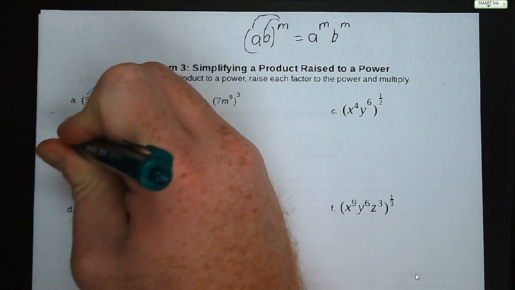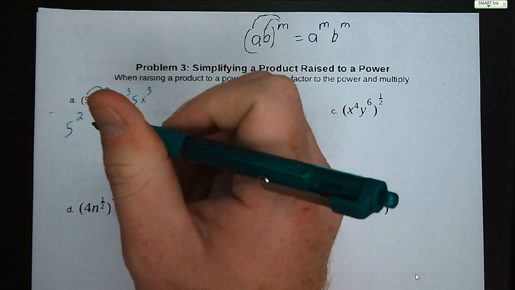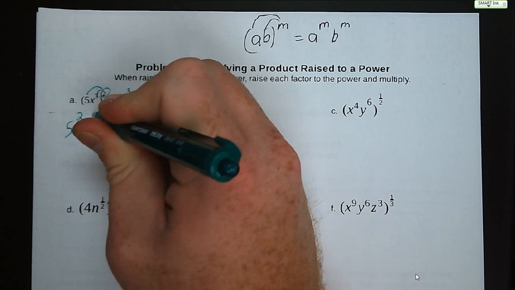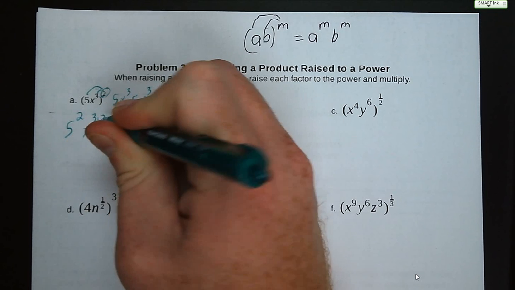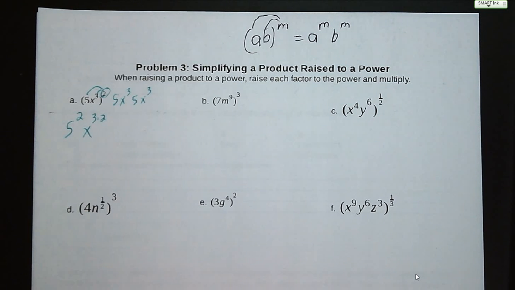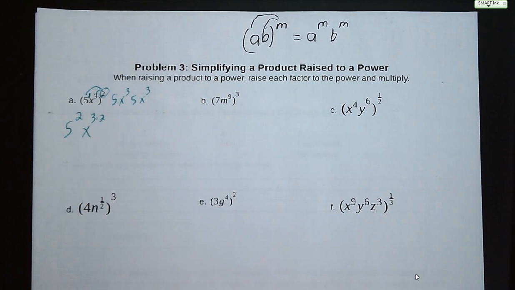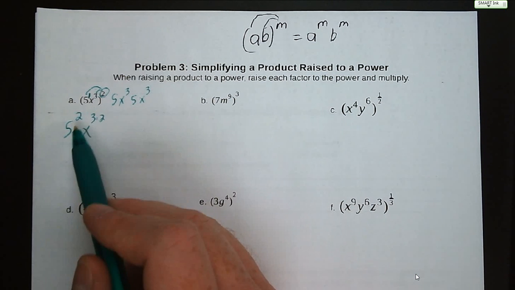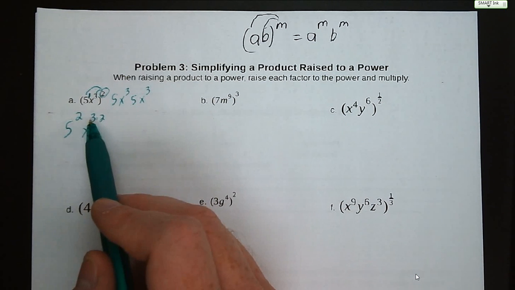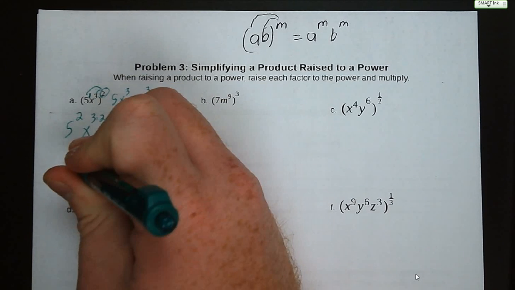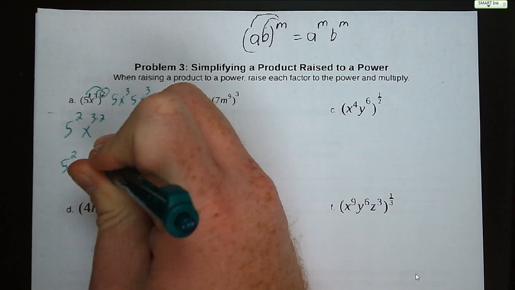So we have 5 to the 2nd power, x to the 3 times 2, because we're still using the power rule. And the reason why is if it's just a number or a variable by itself, it has an exponent of 1. So 2 times 1 is 2. 3 times 2, that's going to be 6. So we have 5 squared x to the 6th power.